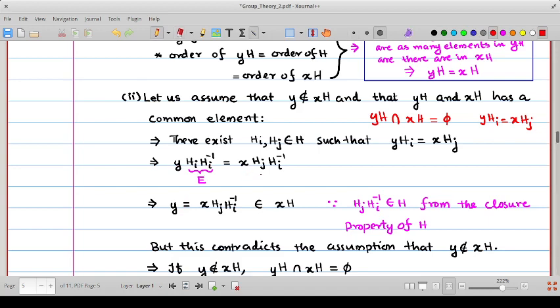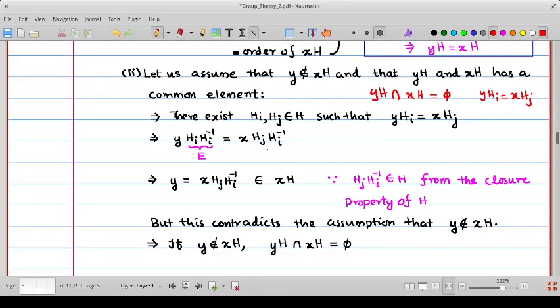And the right hand side is equal to x hj hi inverse. Now hj is in H and hi inverse is also in H. So this is a product of two elements of the subgroup H. And because of the closure property, this product should be one of the elements of H itself.